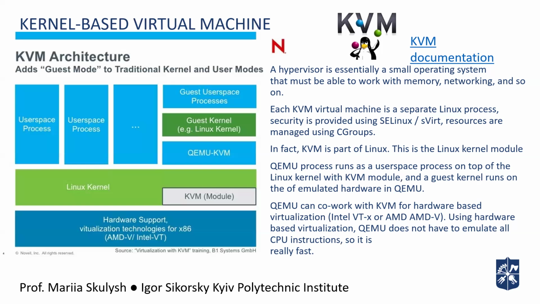So we have different sub-elements. Which elements are really interesting for us? It's QEMU, which runs as a user space process on top of the Linux kernel. So from one side we have hardware, from the other side we have the Linux kernel.